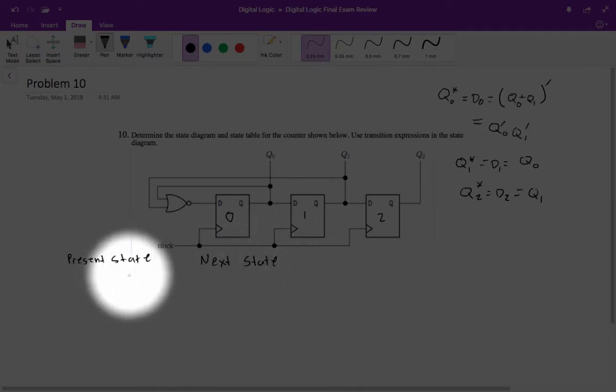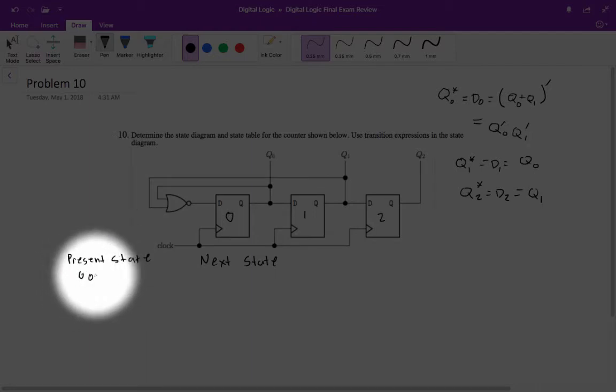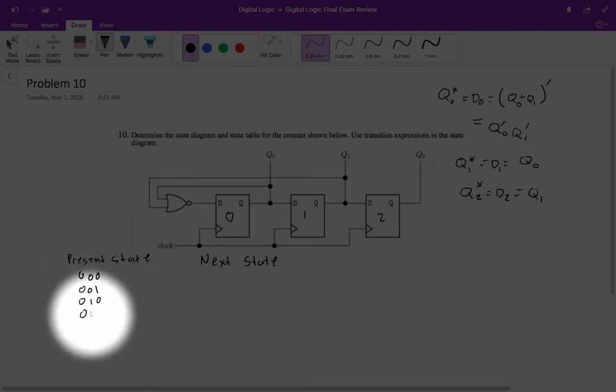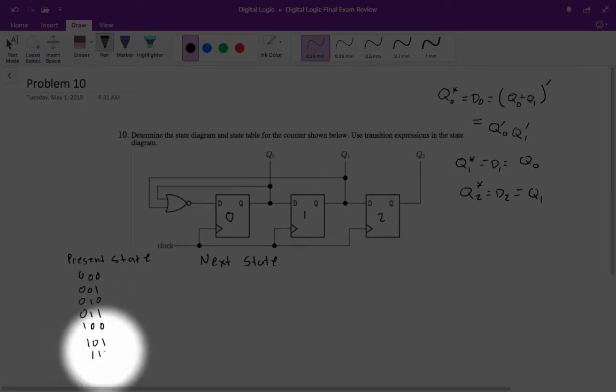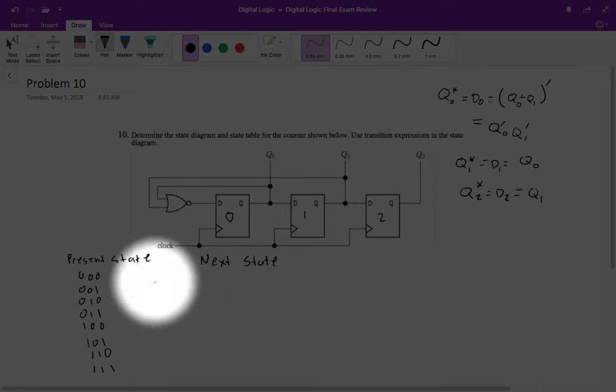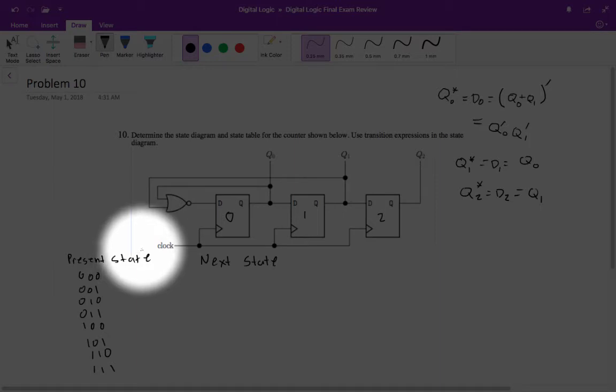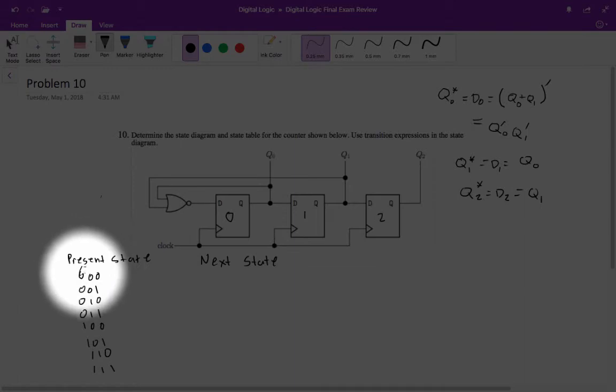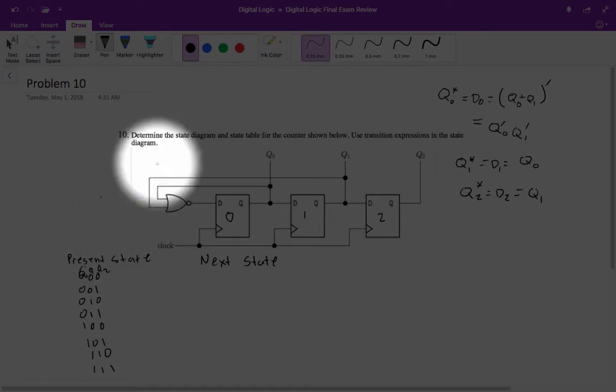And our present state, we've got 8 possibilities, so we'll write those out: 0, 0, 0, 0, 0, 1, and so on. And this would be Q0, Q1, Q2.